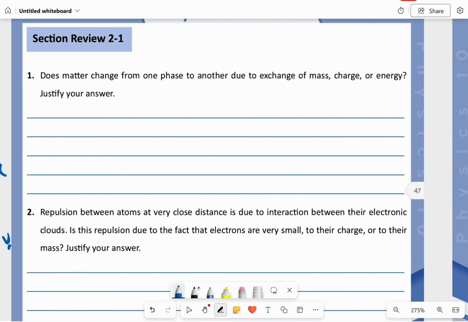So it's the exchange of energy. Or you can put it this way, due to the exchange of potential energy to kinetic energy.